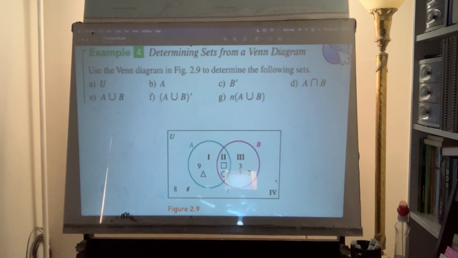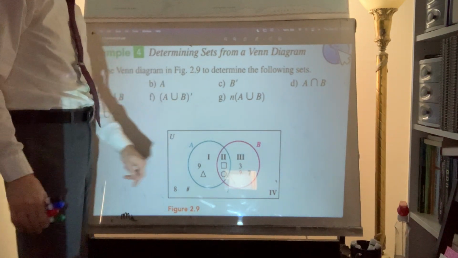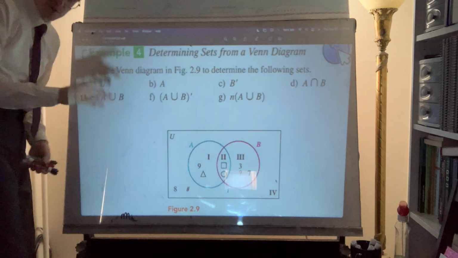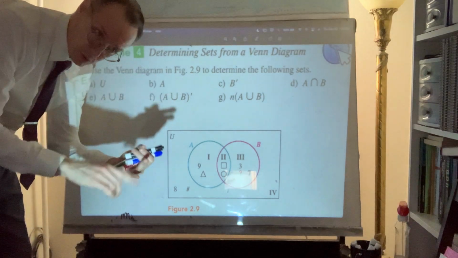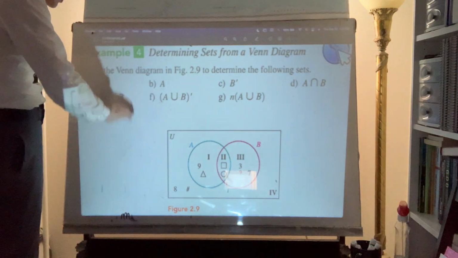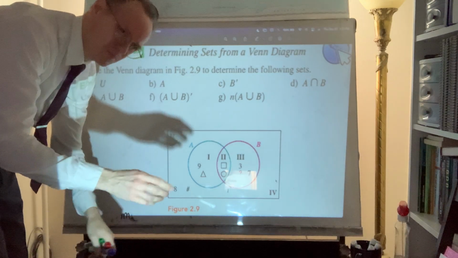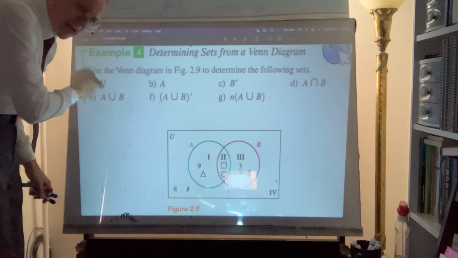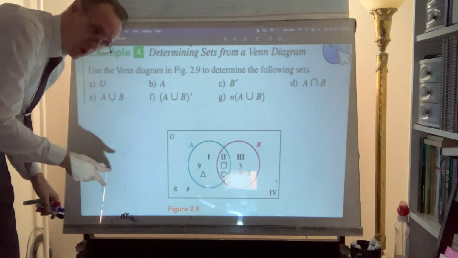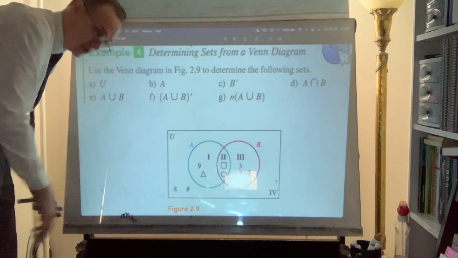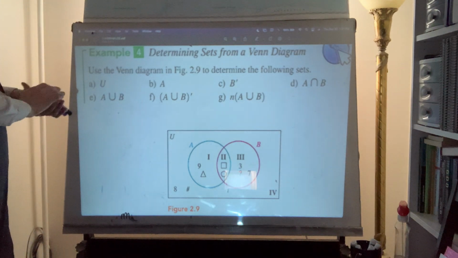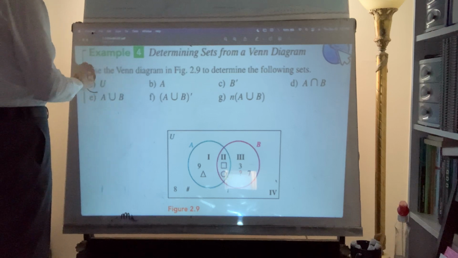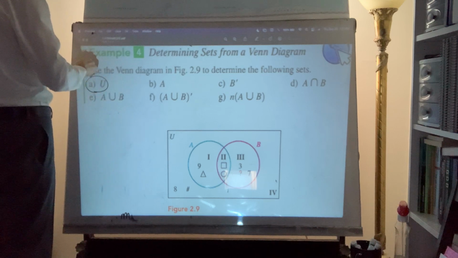Determine sets from a Venn diagram. And this is a Venn diagramming question. Remember, I know this is very subtle, and you have to be very careful when you read math books or physics books, because a lot of the same letters get used, and to indicate a different context, they will stylize them in some way, which is why often Greek letters are used instead of Roman capital letters. But what you see here, slightly italicized, is referring to the universal set.